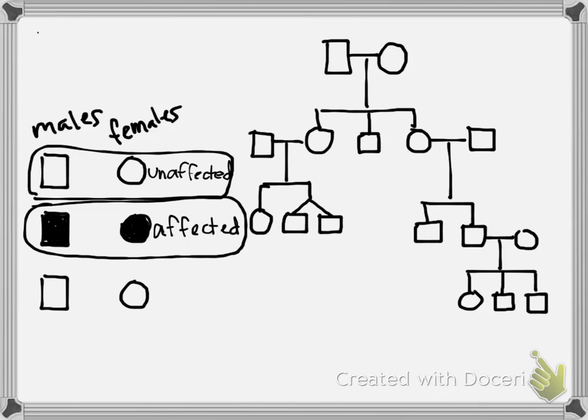But the thing that the OGT does that not all places do is they use one more symbol on the pedigree, and that is a half filled in circle or square. And what that means is that someone is a carrier.